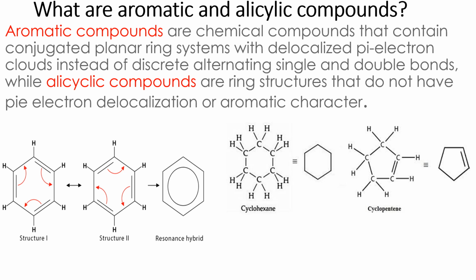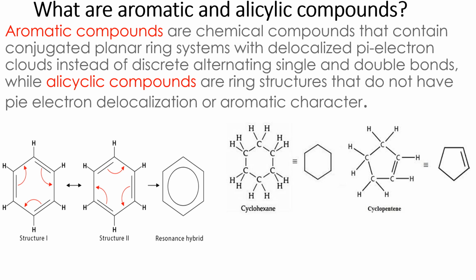Now these two structures combined give us a resonance hybrid, telling us that the pi electrons in the ring are delocalized within the ring. So any compound that has this phenomenon is called an aromatic compound.